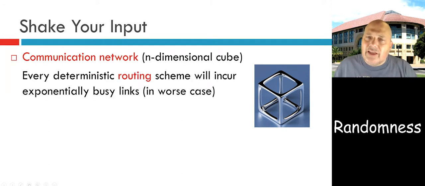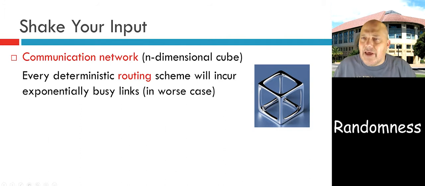So it turns out that if you want to send, imagine a situation where every node in this graph wants to send a message to some other node. And this is a permutation. So it's not that all of us want to send to the same node, each one of us wants to send to a different node. It turns out that in the worst case, over this permutation, given every deterministic routing scheme, the routing scheme says if I want to send a message from my node to another, here is a path that my message will take.